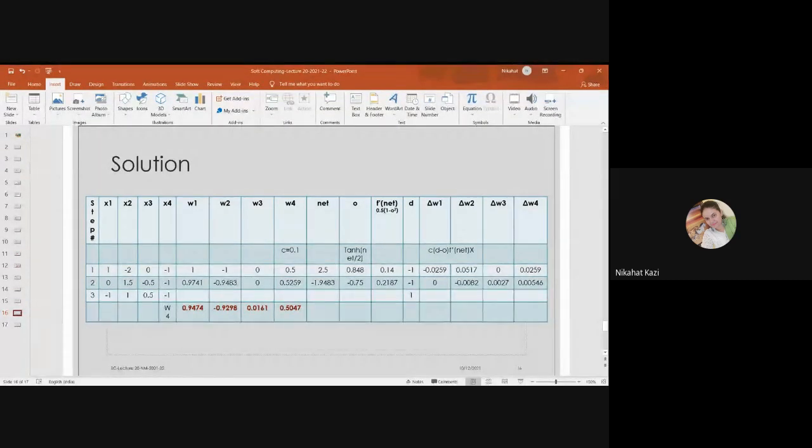Okay. So we'll stop here for today. In the next class, we will see more rules. The delta learning rule is a very important rule because we have talked about it with respect to a single neuron, but the same has to be extended to a layer of neurons and then to a multi-layered perceptron network.